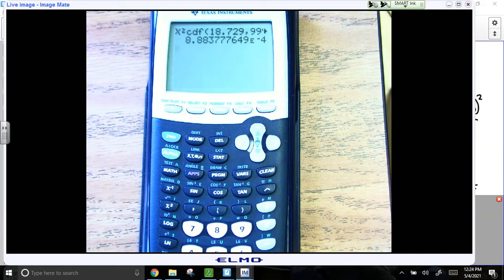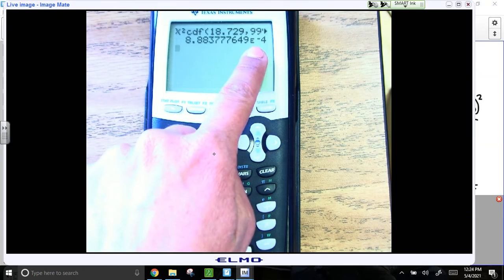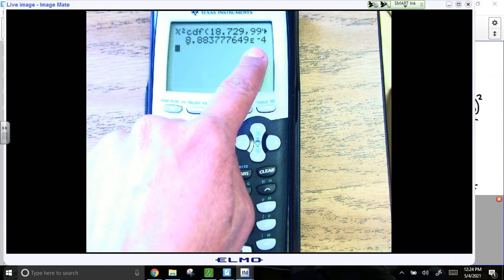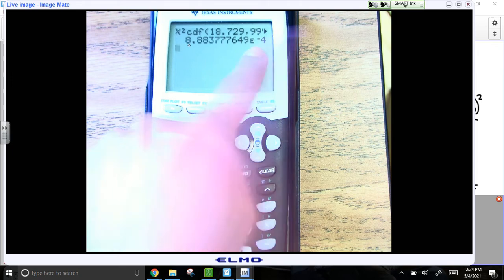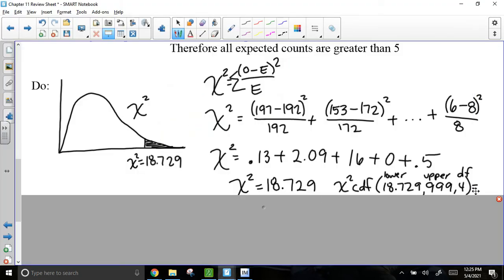When it says e to the negative 4, that means this 8 is the 4th value after the decimal. So another way of saying it is 1, 2, 3, the 4th value is 8. So it's a very, very small number. In fact, I'll go out one more decimal and say 8, 9. That's an extremely small p-value, and you want to make sure you indicate that that is indeed the p-value. So list that on your paper.